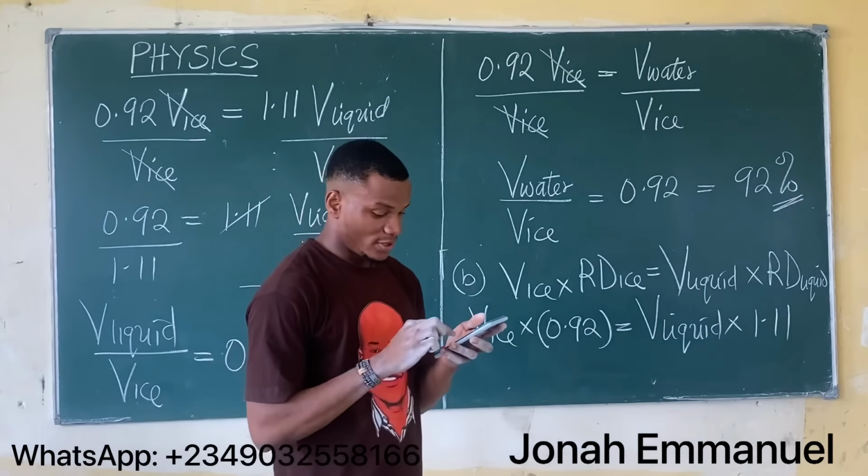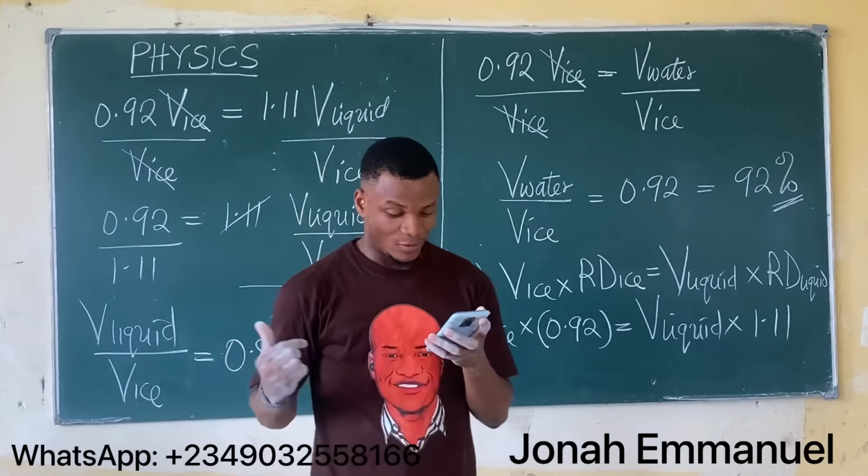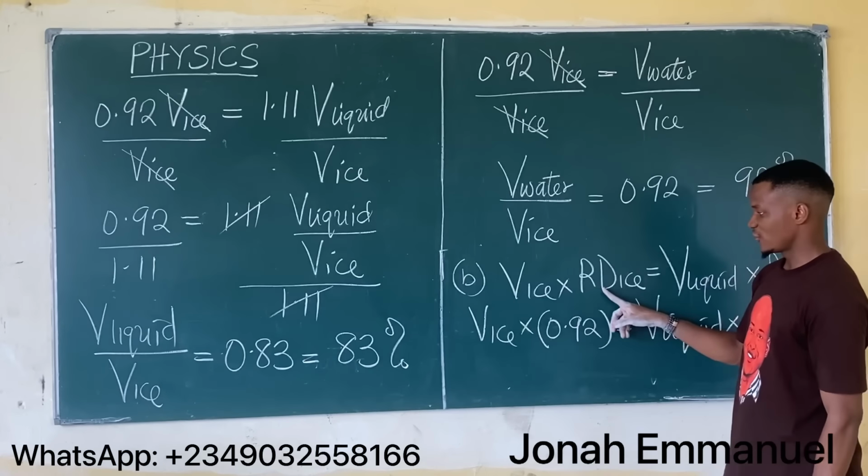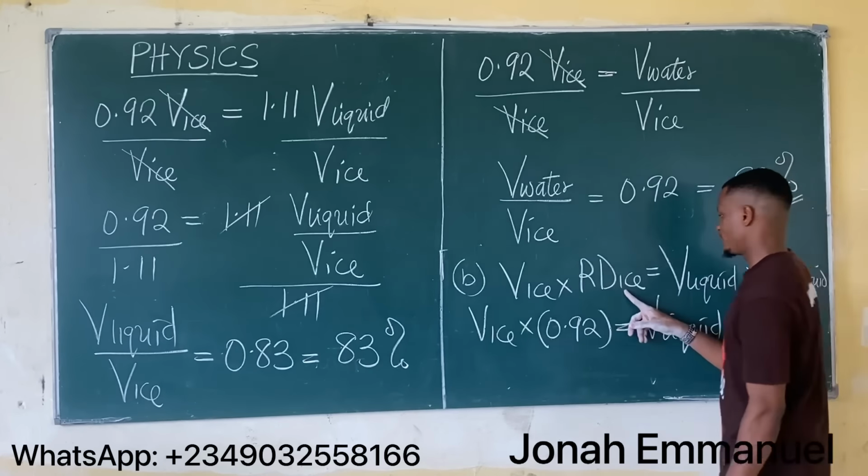So this is how we solve this question. If you're asked to find the fraction of the volume of the piece of ice or the solid that will be submerged, it is always equal to the volume of the liquid in which the solid is submerged all over the volume of the solid itself. You get that by multiplying the volume of the solid times the relative density of the solid, being equal to the volume of the liquid times the relative density of the liquid.